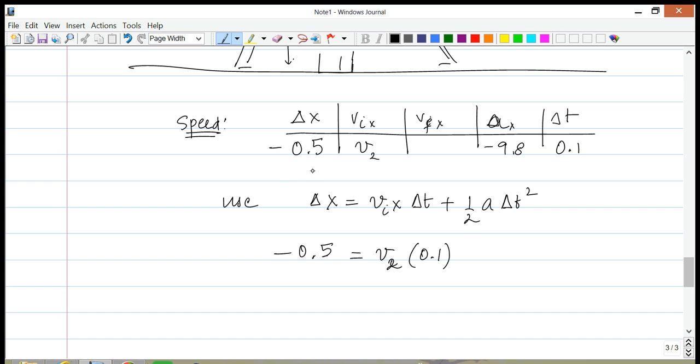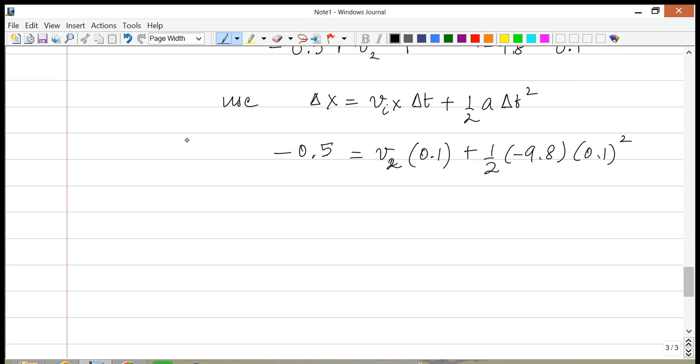The time is 0.1, and it's half times negative 9.8 multiplied by 0.1 square. Great. So you get negative 0.5 equals v2 times 0.1, and this ends up giving us negative 4.9 times 0.01, so it's negative 0.049.